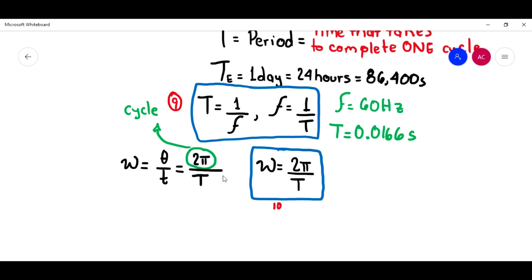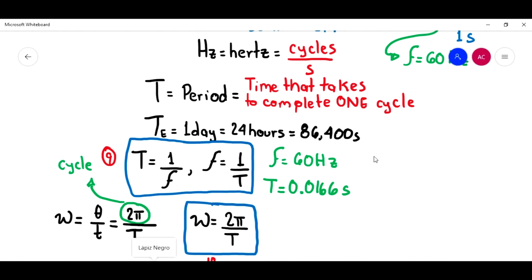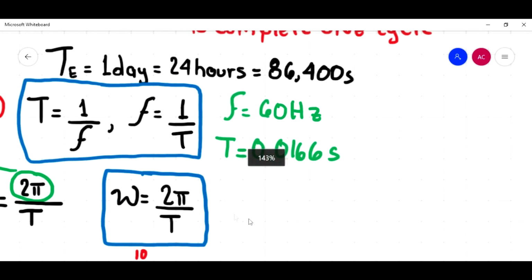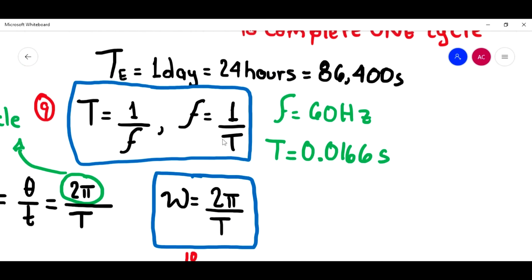The units are going to be radians per second, because the units for period are seconds, the official units for period. Now, if you see, the period is in the denominator, just as in this equation over here.